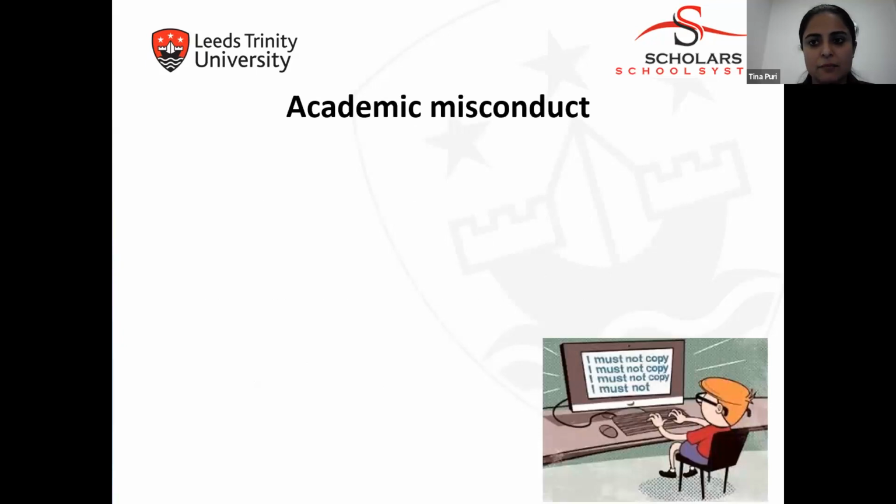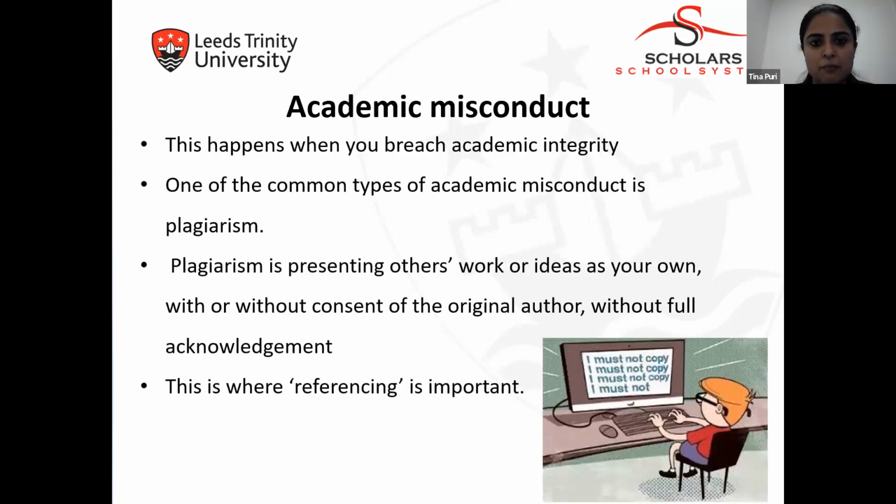So what is academic misconduct? This happens when you breach academic integrity. One of the common types of academic misconduct is plagiarism. Plagiarism is presenting others' work or ideas as your own, with or without the consent of the original author, without full acknowledgement. This is where referencing is important.